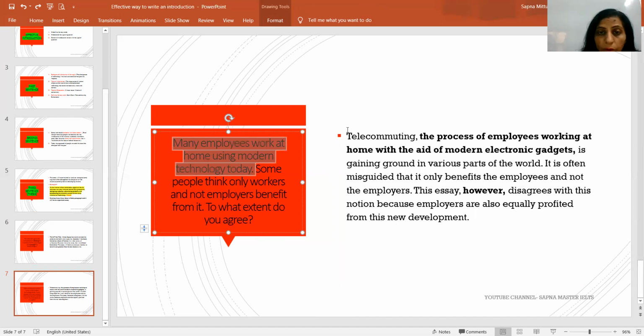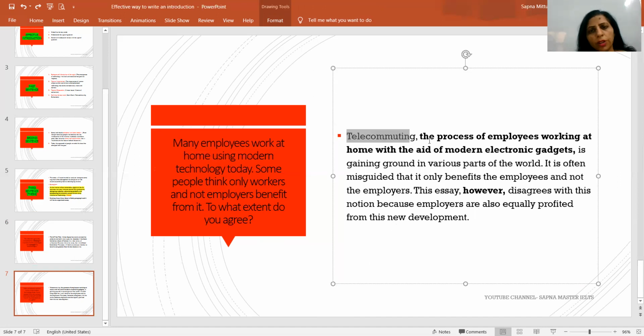So, if you know about it, you must start your introduction, as I told you, putting a comma, defining the word, and then again a comma, because this word, telecommuting, is a singular word, right? So when you are using it, you will write like that.